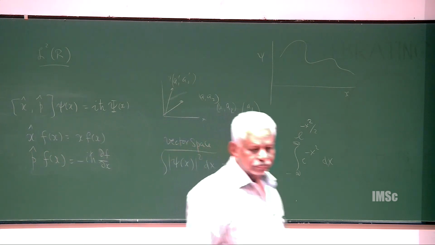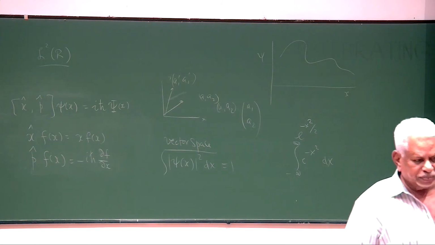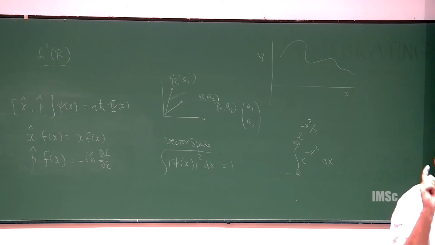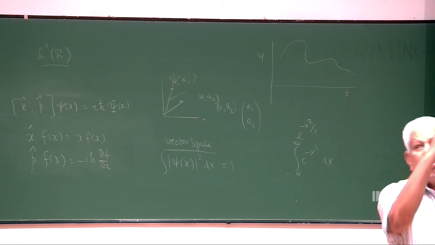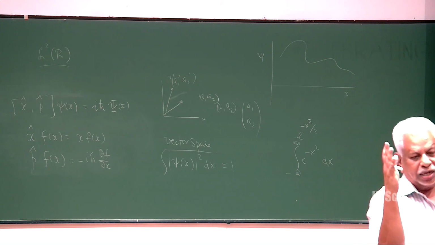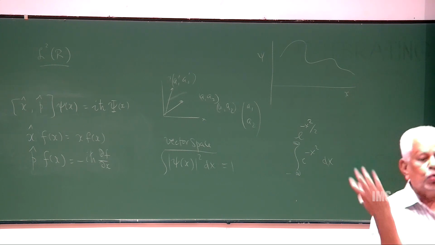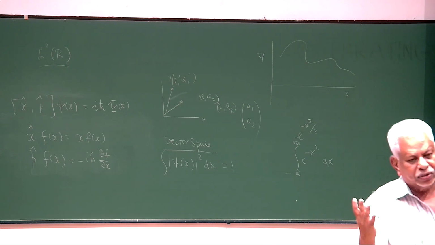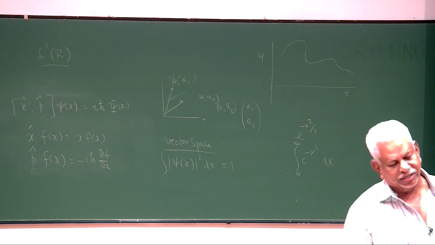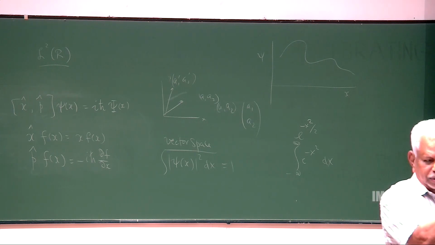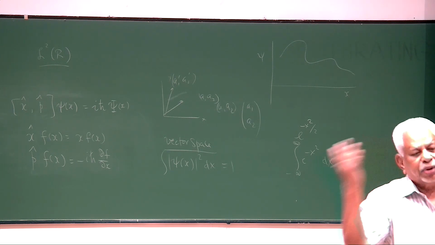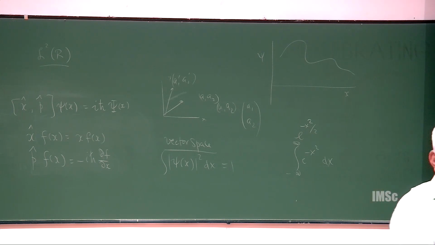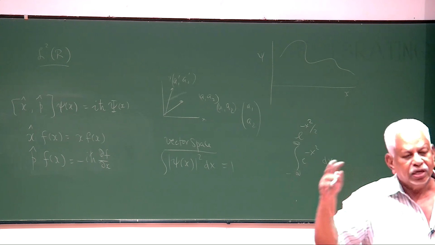What does it mean? X hat is an operator. So f of x is a vector. As I told you, it is a square integrable function, a vector in some infinite dimensional space. Then x hat acting on that will give you a new function, x f of x. Similarly, p hat acting on that will differentiate and give you a new function. So f has become f prime, or f has become df by dx.